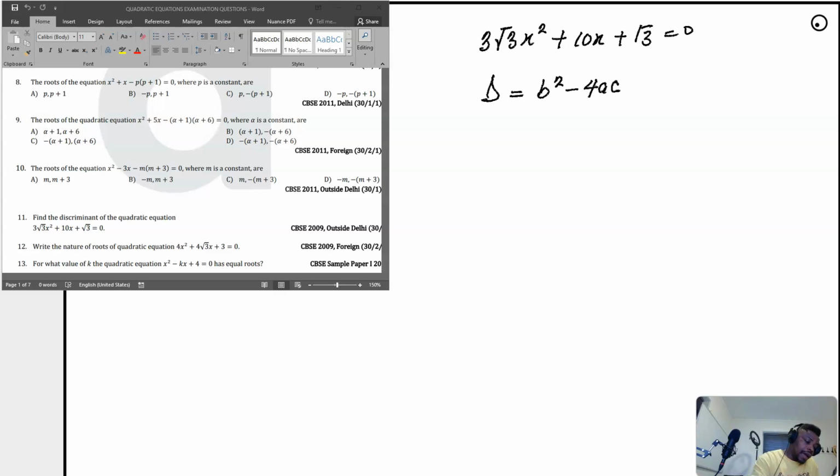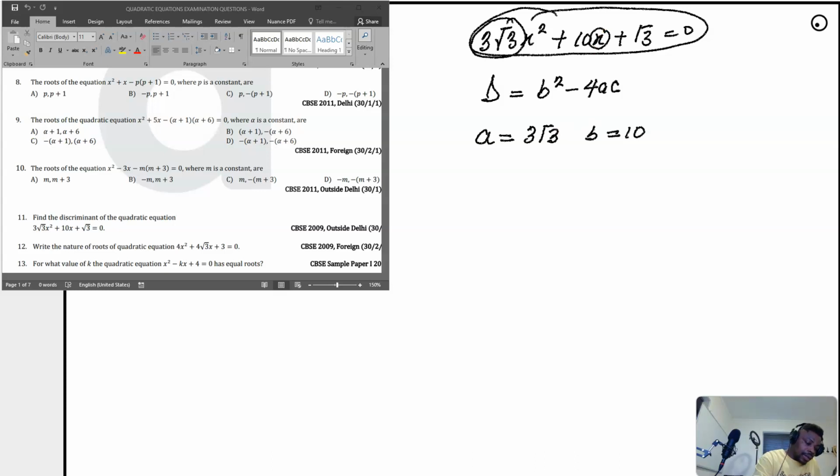So now we need to find our A, B, and C. Our A in this equation given to us is the coefficient of x squared, that is 3 root 3. Okay, our B is the coefficient of x, which is plus 10 or 10, and our C is root 3.